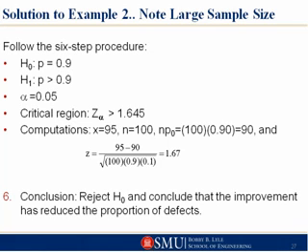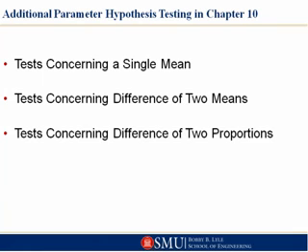And so for this particular sample, the z-score turned out to be 1.67, which indeed is greater than the 1.645. That was our cutoff: we would accept the null hypothesis if the test statistic had turned out to be less than or equal to 1.645. But in this case, the 95 led us to 1.67, which is certainly greater than 1.645, so therefore we reject the null hypothesis and conclude that an improvement has been made.